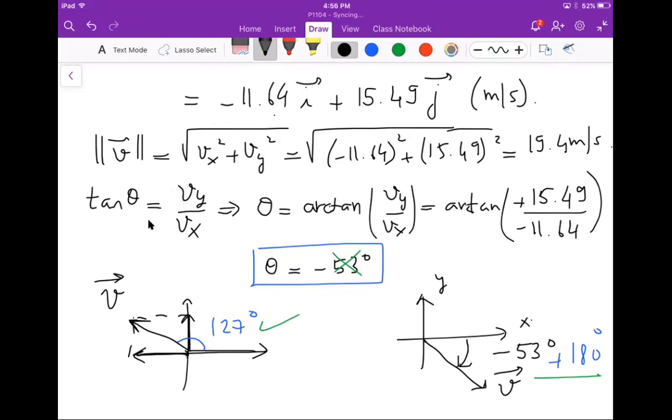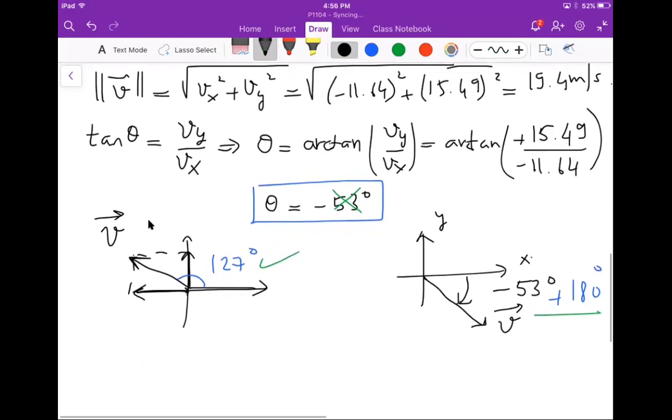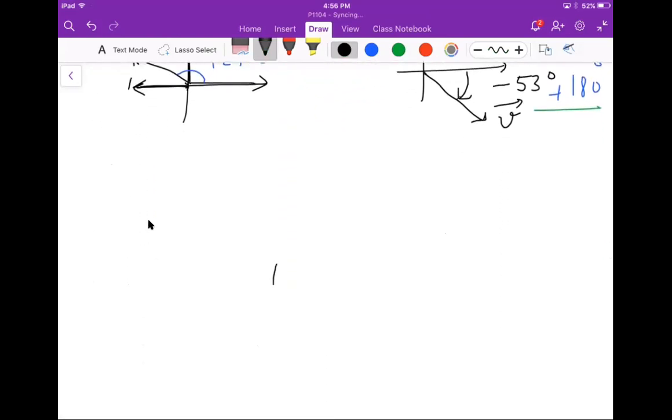I will read it, and then we are going to write the given. So let's call this problem 8. Problem 8. A particle initially located at the origin has an acceleration of... So when they say that it's initially located at the origin, that means that r0 is equal to 0, right?